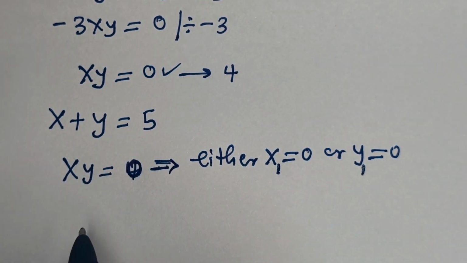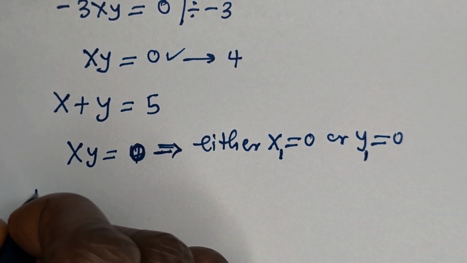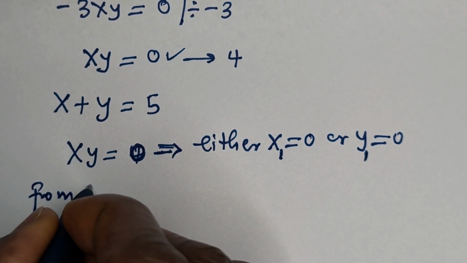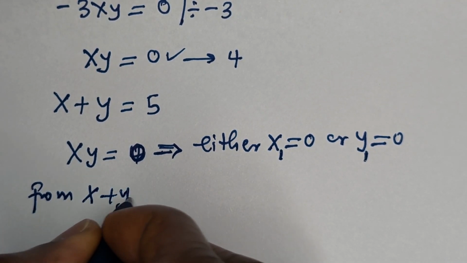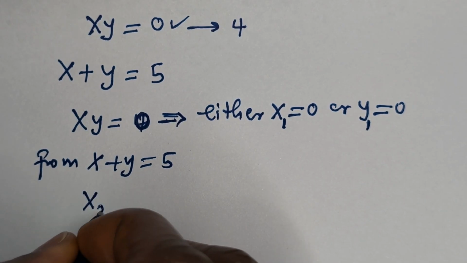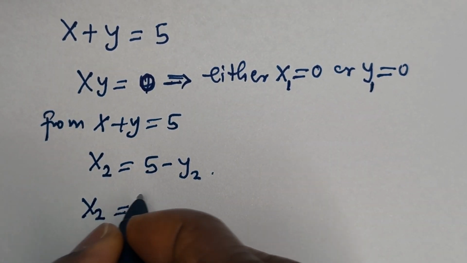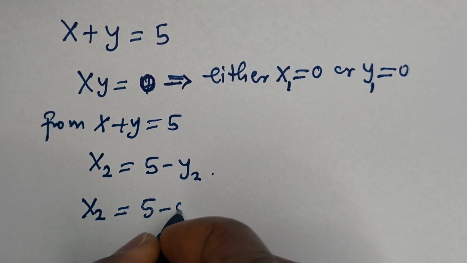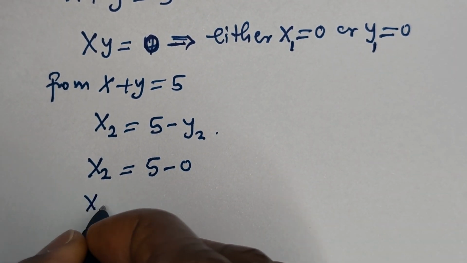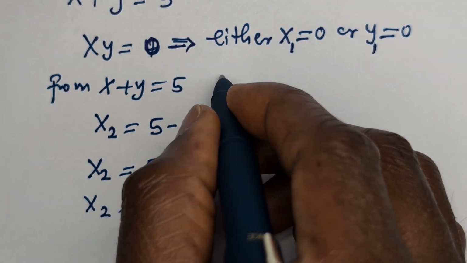Let's solve for x2 and y2. From x plus y is equal to 5, then x2 will be equal to 5 minus 0. x2 is equal to 5.